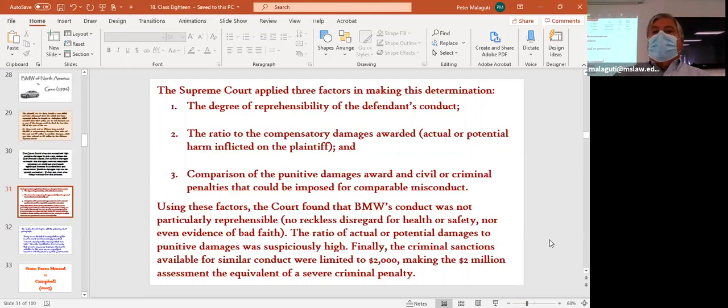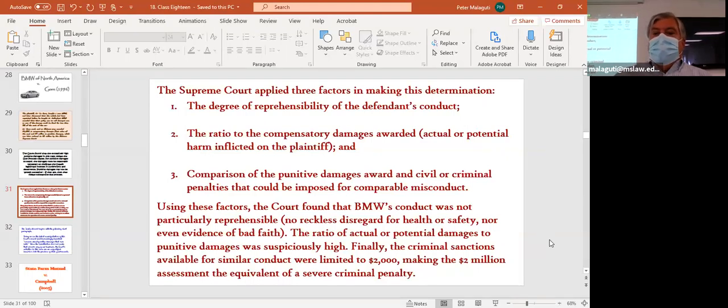The degree of reprehensibility of the defendant's conduct, the ratio of the punitive damages award to the compensatory damages award, and the comparison of the punitive damages award to civil or criminal penalties that could be imposed for comparable conduct.